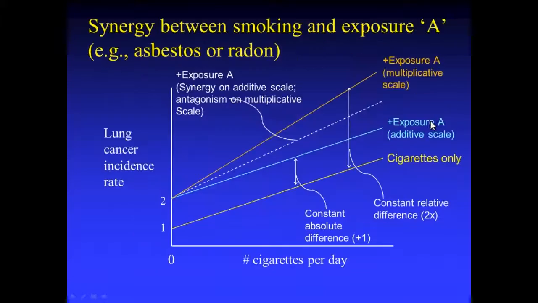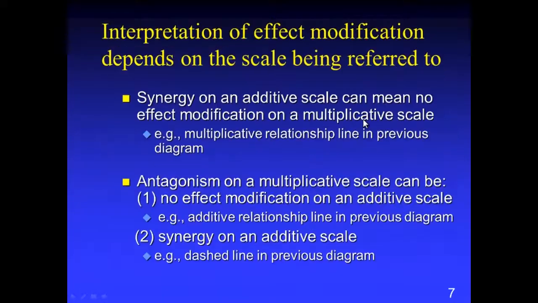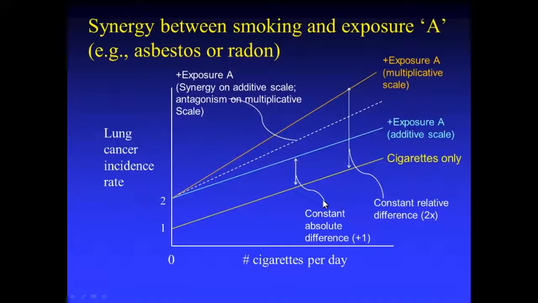In other words, the multiplicative line, the orange line here, is no effect modification on a multiplicative scale, but it is synergy on an additive scale, represented by this line. And antagonism on a multiplicative scale can be no effect modification on an additive scale.